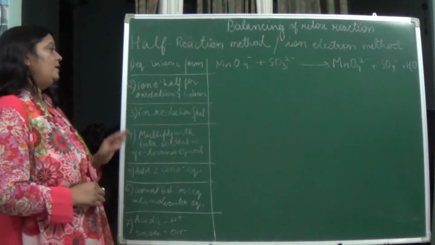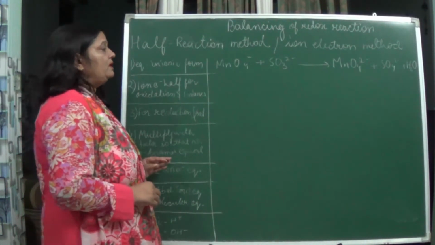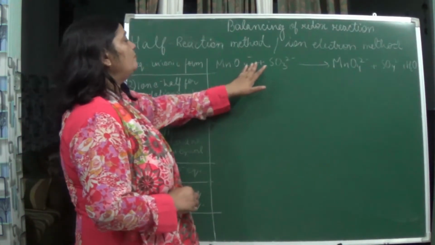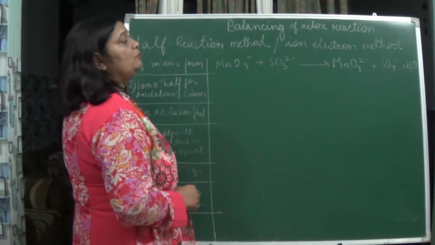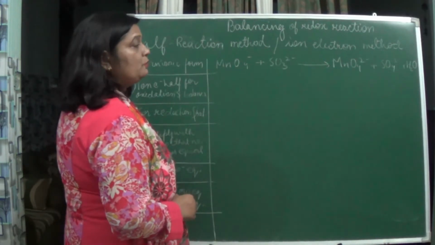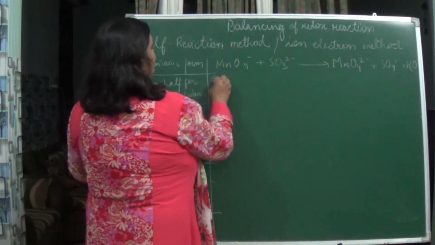Water. Okay. So let us see it with the help of an example. Okay. So one example I have taken, MnO4 minus plus SO3 2 minus gives MnO4 2 minus plus SO4 2 minus plus H2O. If we are doing this in what? Alkaline medium.